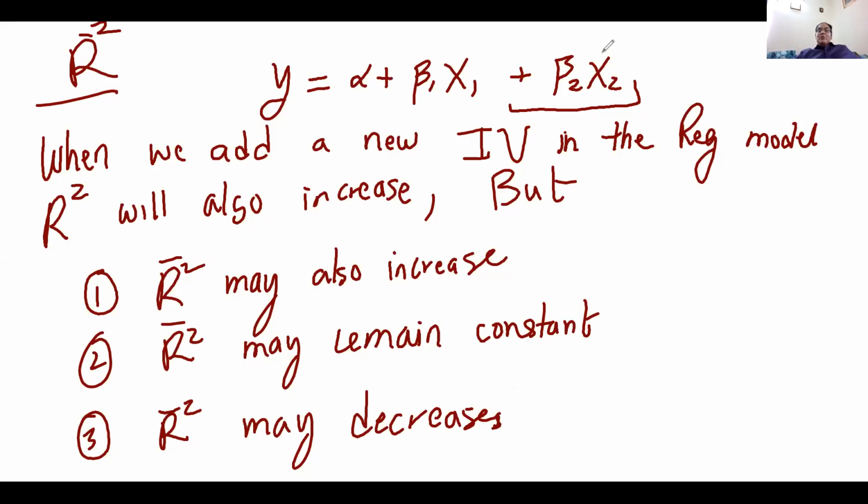We are adding a new independent variable in the model, and R square will always increase. That is not a problem. So if adjusted R square also increases, should we add that variable in the regression model? Should we add the new independent variable in the regression model?